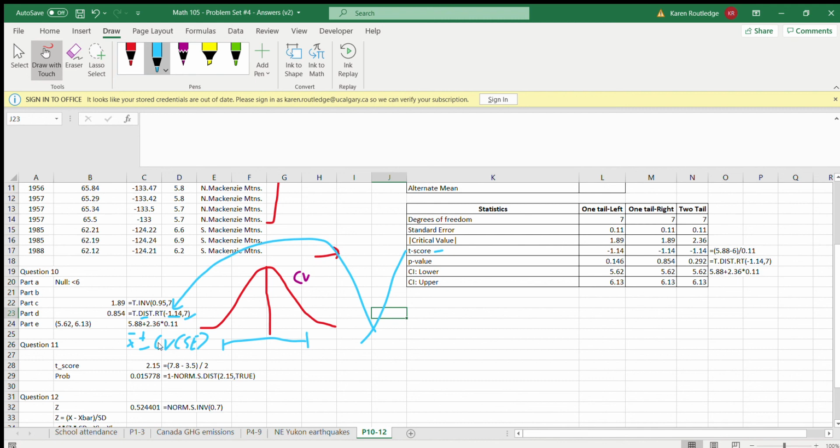So we plug that in. The standard error came out of our data, the standard deviation of the data divided by the square root of n. So we get those, do a little bit of math, and we get a confidence interval that is from 5.62 as the lower bound down here, and it is symmetrical, and we have an upper bound up here of 6.13.